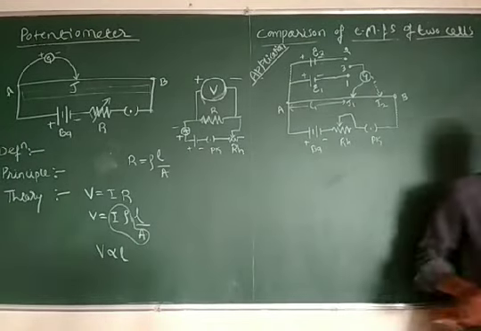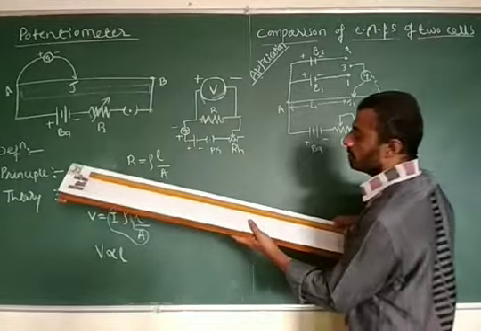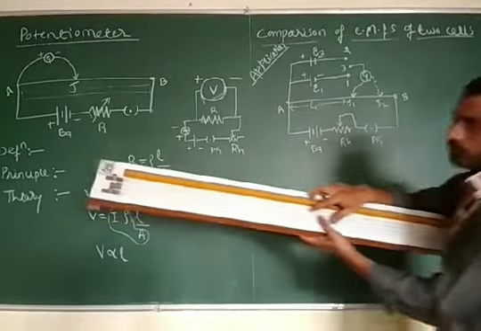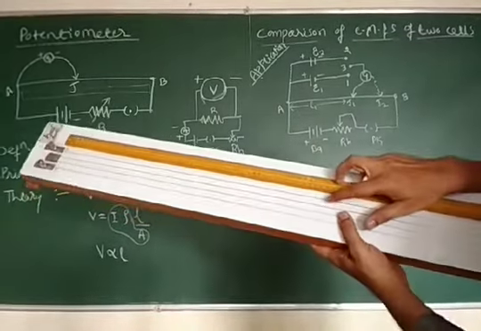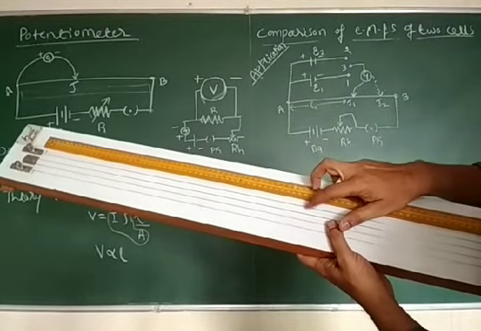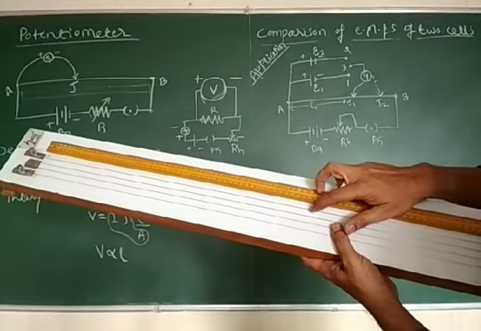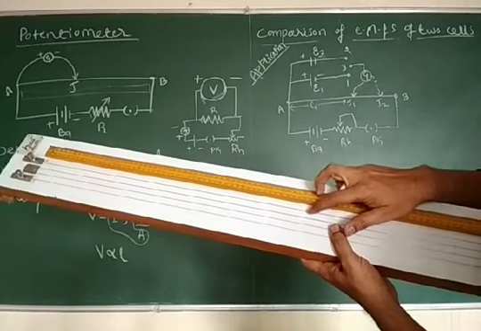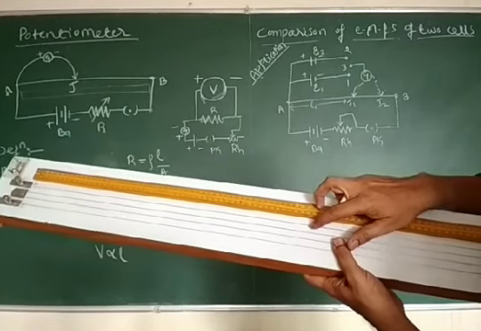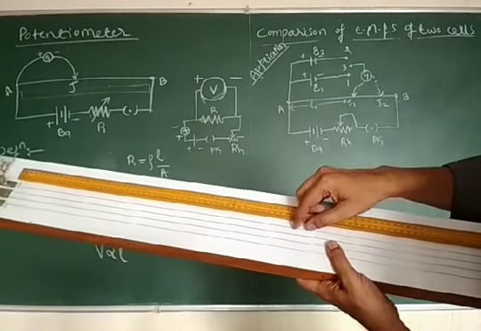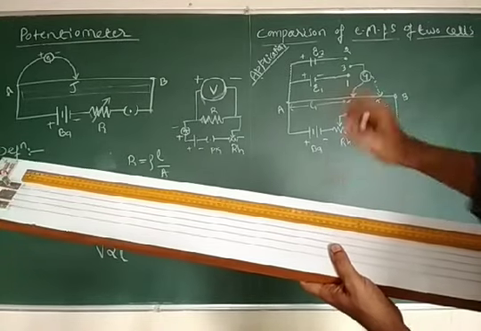Suppose in this potentiometer the wire is of Constantan or manganese. For different materials the resistivity will be different. Each material has its own resistivity, rho, and for a given wire, say Constantan, rho will have some value.